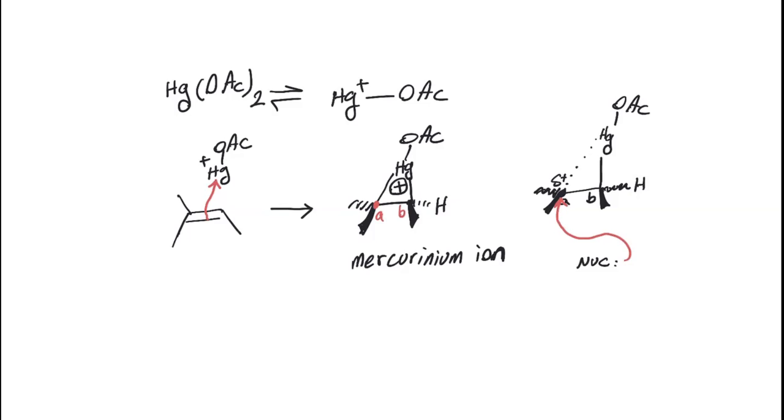The nucleophile can only attack from the opposite side, from below. And that's why we call it anti-addition. So the nucleophile attacks from here and now the bond between carbon A, the more substituted carbon, and Hg will break. And this will form.